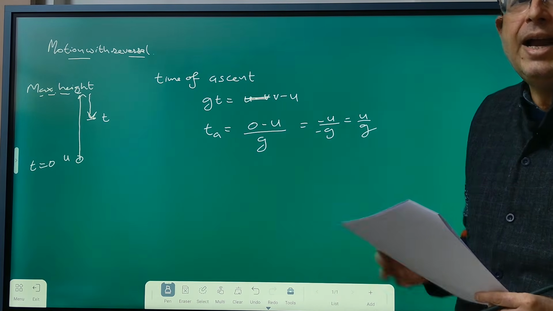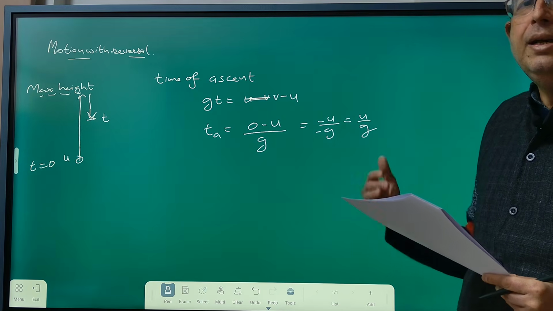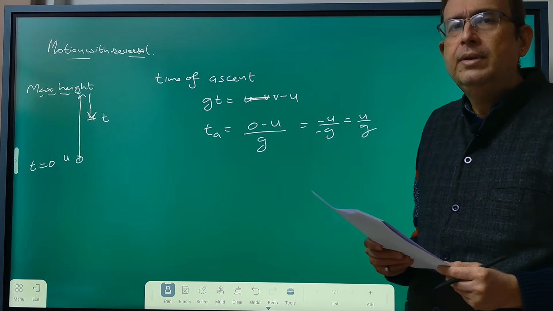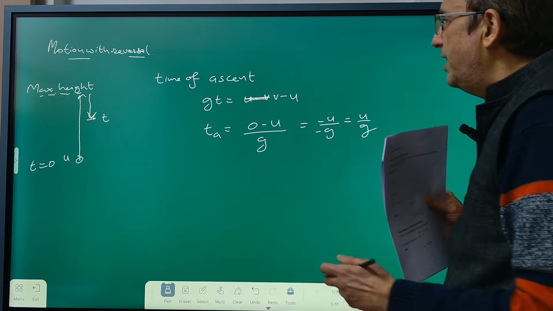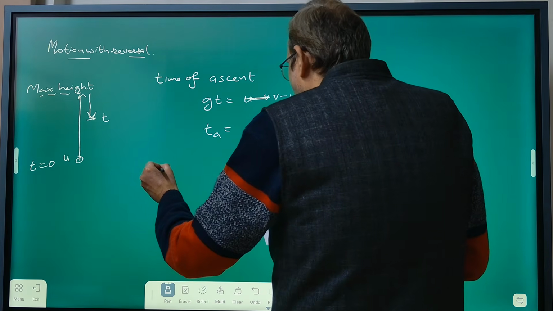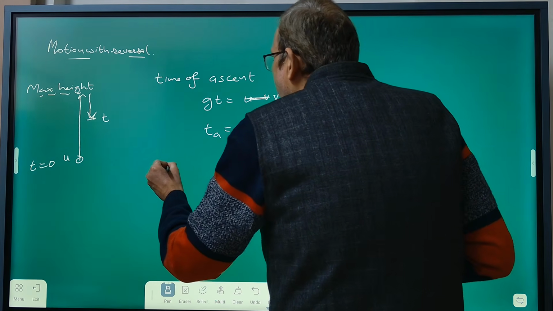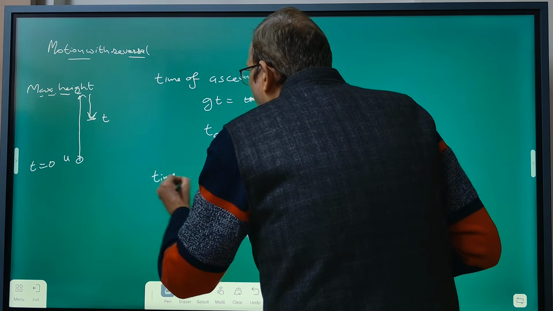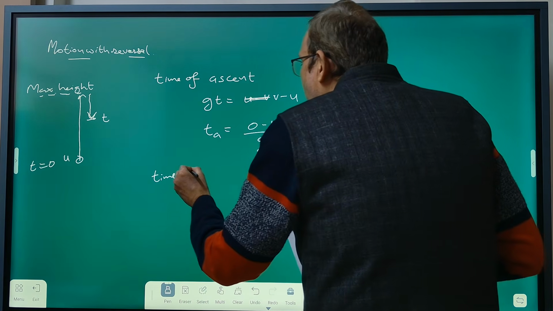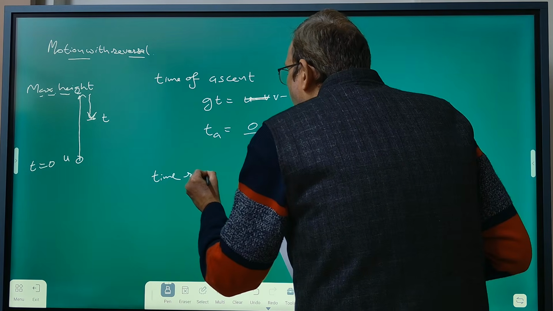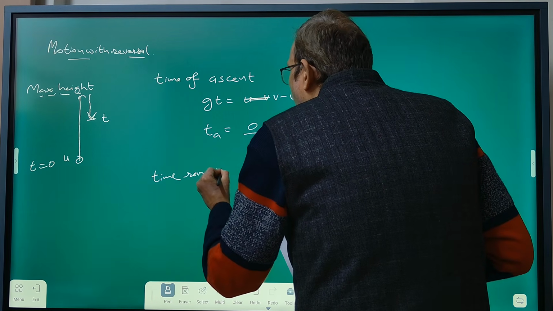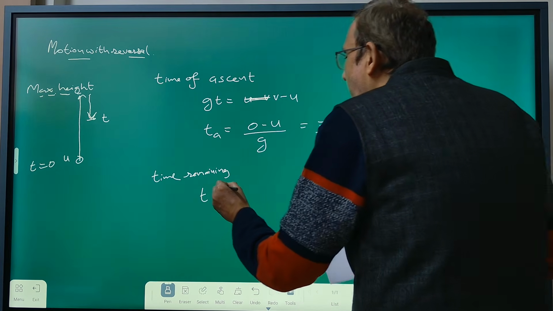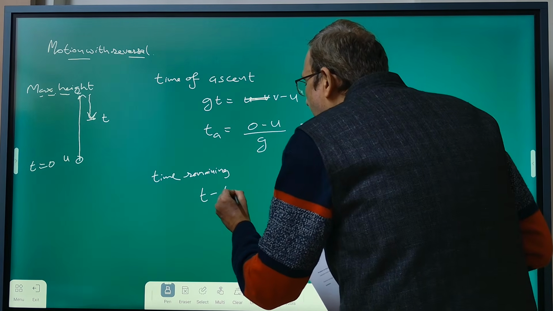And then after that it returns to another particular position below the maximum height, and the time that is taken downwards, the time remaining, is t minus ta.